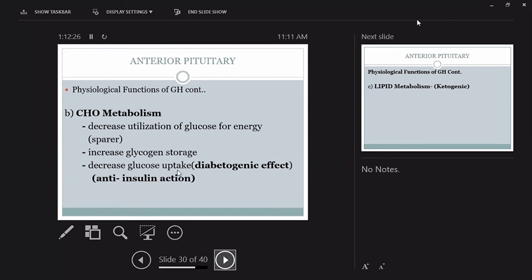So actually, if you come to think of it, you don't need too much sugar. The child doesn't need too much sugar on the diet. But be sure that if you give the carbohydrate, it should be the correct form of sugar.